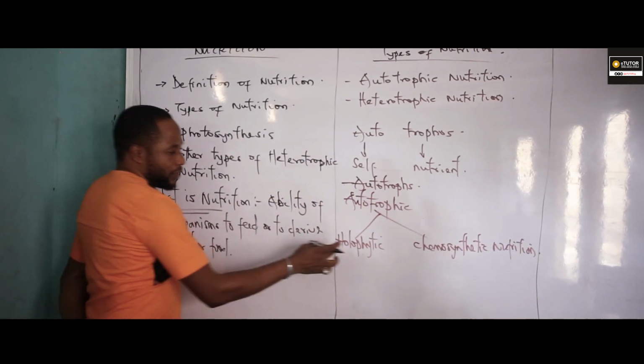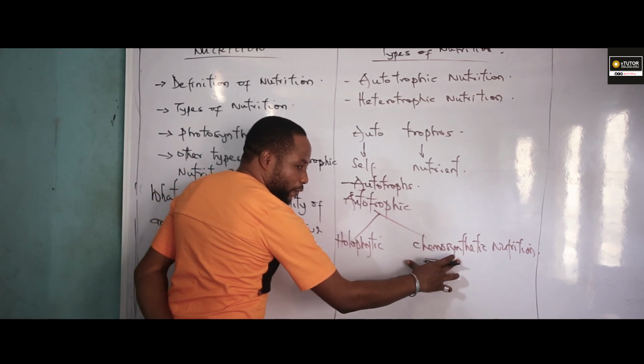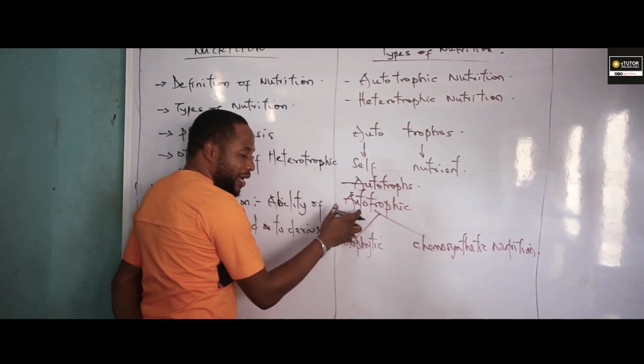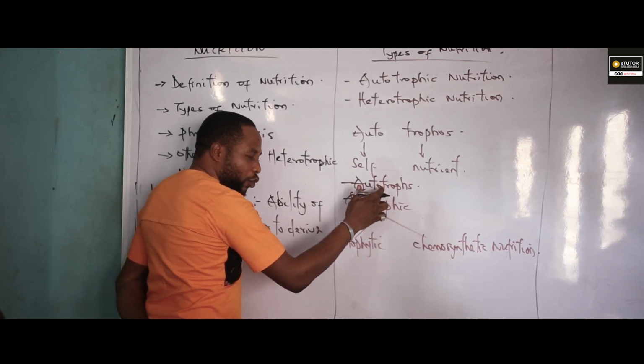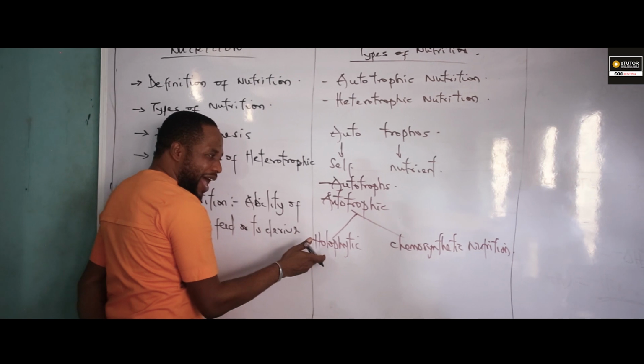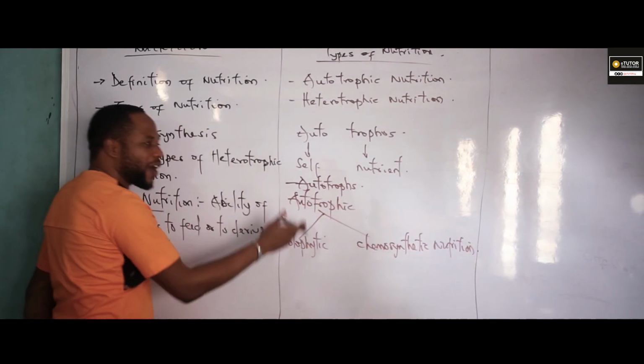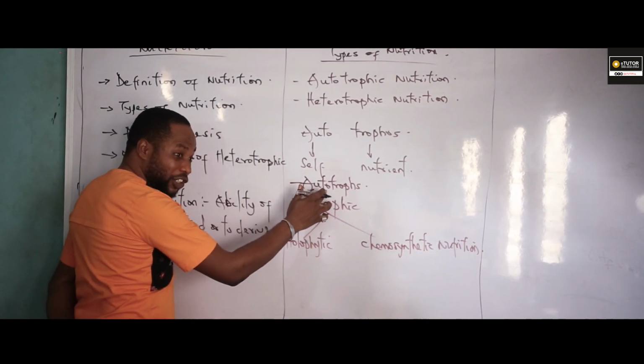Note, these two types of nutrition are under autotrophic nutrition. An organism that carries out this nutrition is called an autotroph. So organisms under holophytic and chemosynthetic are all referred to as autotrophs.